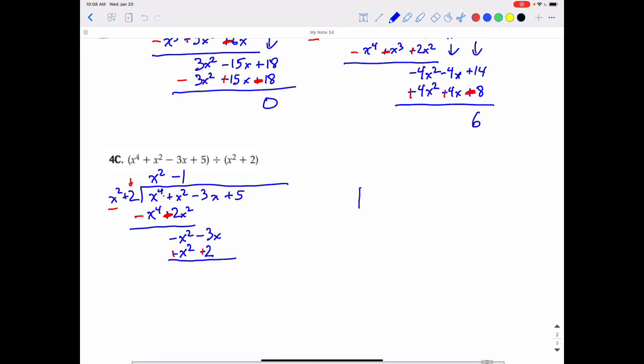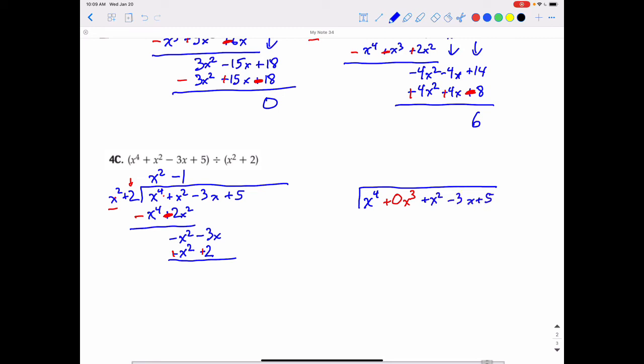So I'm going to rewrite the problem over here. Inside the box will be x to the 4th, but since there's no x cubes, I'm going to write in a placeholder: 0x to the 3rd power. And then the rest of it is plus x squared minus 3x plus 5.